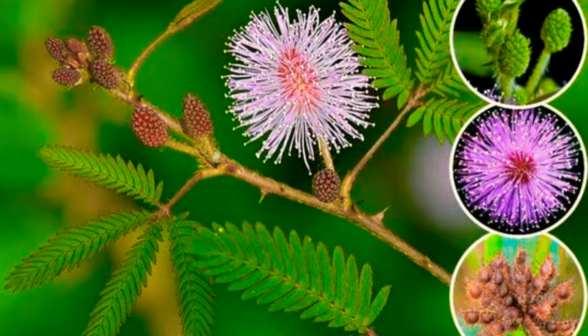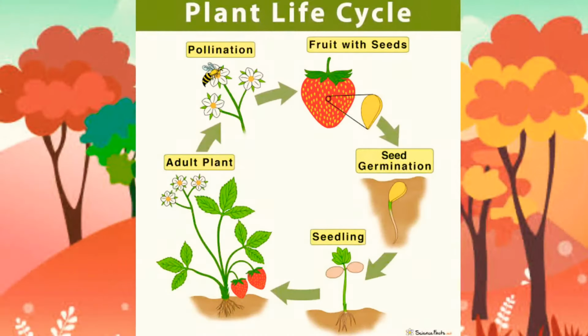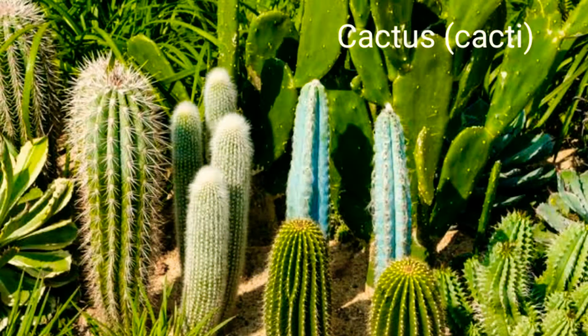There are also other amazing plants that have amazing features. We have what we call the sensitive plants. The Mimosa pudica protects itself after being touched by folding its leaves all together. We also have the cactus or the cacti.